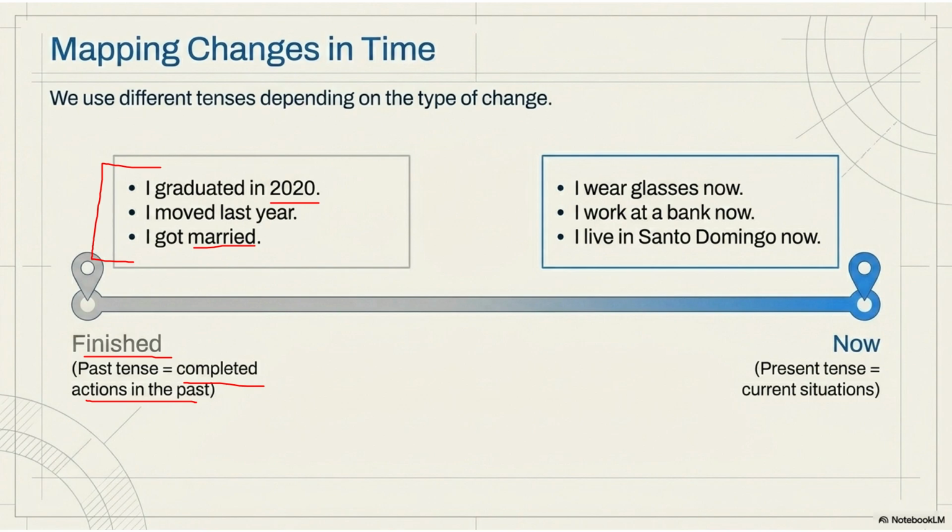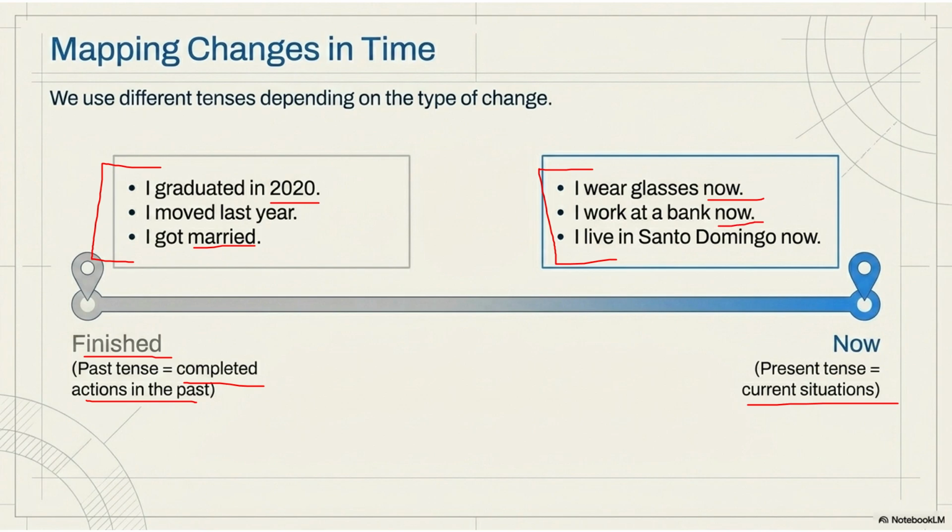We can also use present tense for current situations. For example, I wear glasses now. If I say I wear glasses now, it's because before I didn't wear them, right? If I say I am working now, it's because before I wasn't working. So it is a change. Something changed. I work at a bank now.